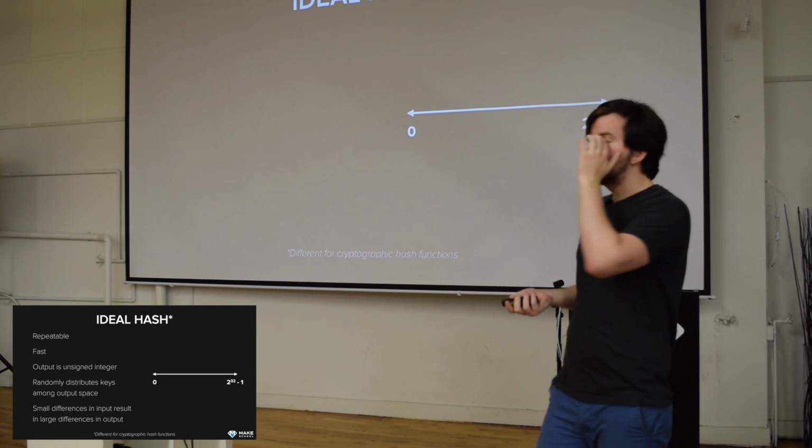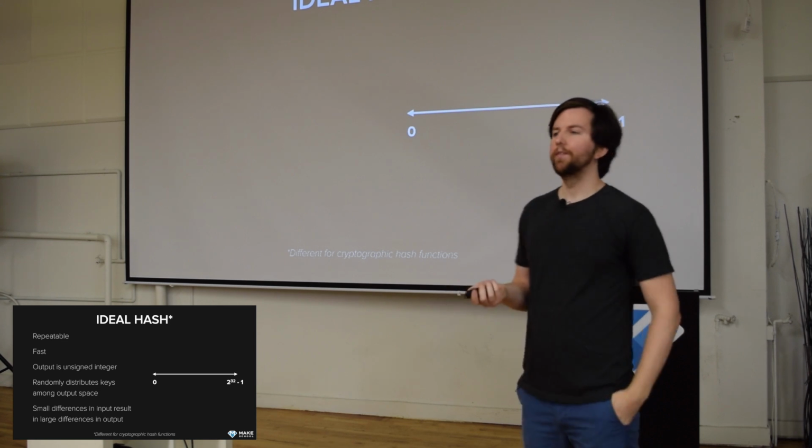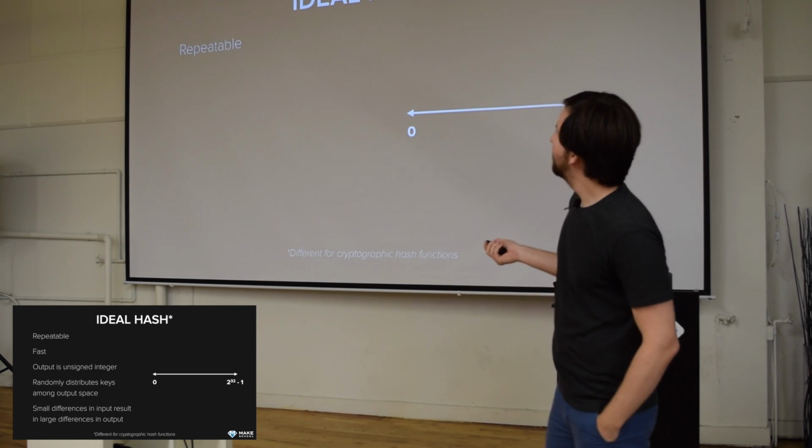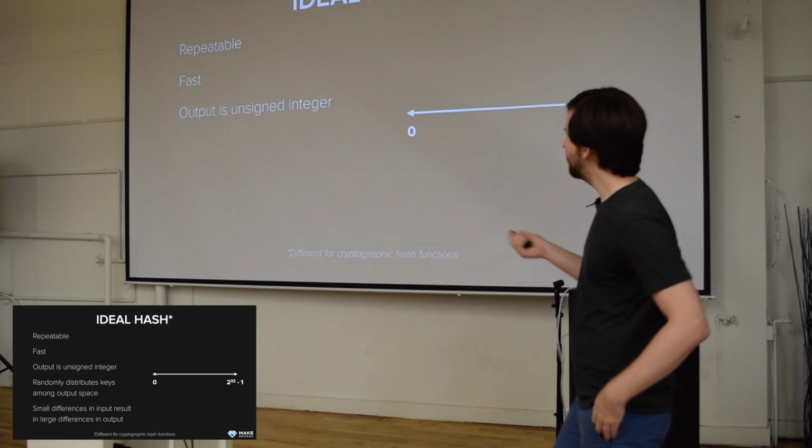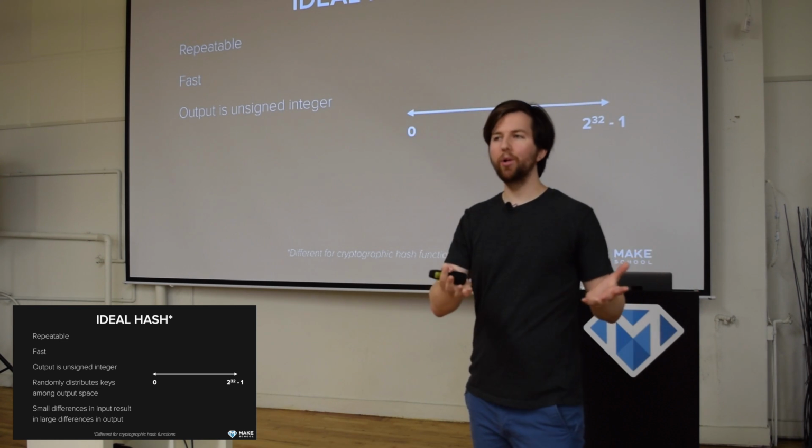So let's talk about the ideal hash function. The ideal hash function is repeatable. That's that section where we said the same input should generate the same output every time. An ideal hash function is fast because, for example, in our hash table, we're going to be doing this a lot. So we want our hash function to be able to calculate the output value very quickly based on the input. For the ideal hash function, the output is an unsigned integer. Remember, we can take any possible input.